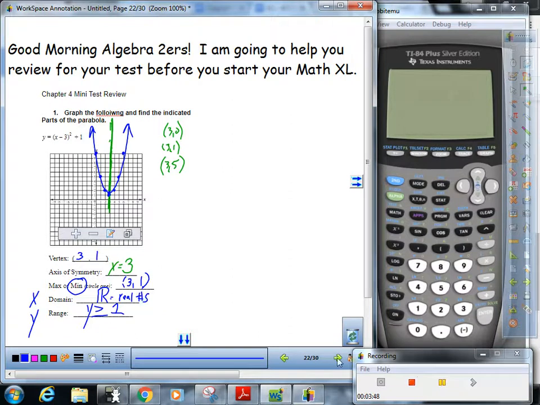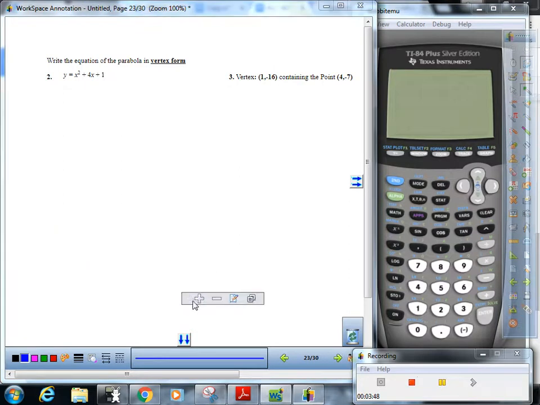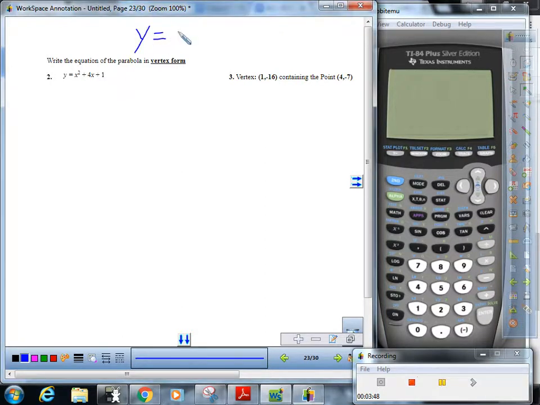All right. Now, I will tell you, these are the hardest problems on the test. You will use your graphing calculator, but that doesn't make it completely easy, okay? So, first, let me tell you what vertex form is. Y equals A times (x minus h) squared plus k.